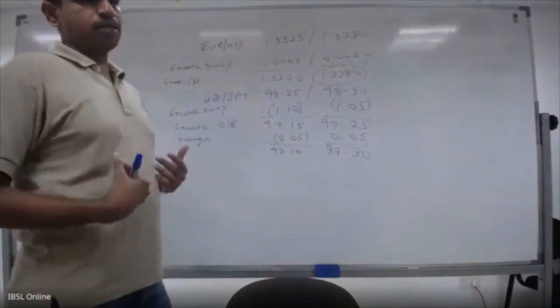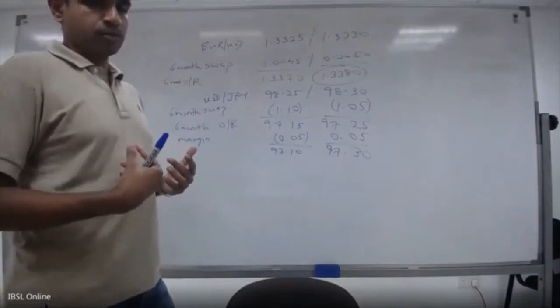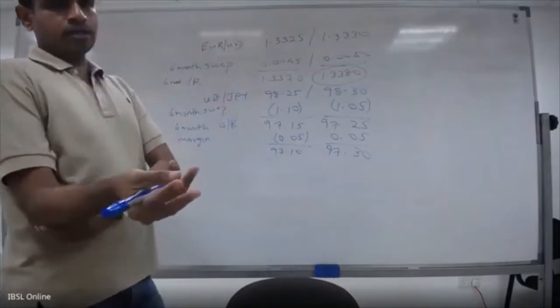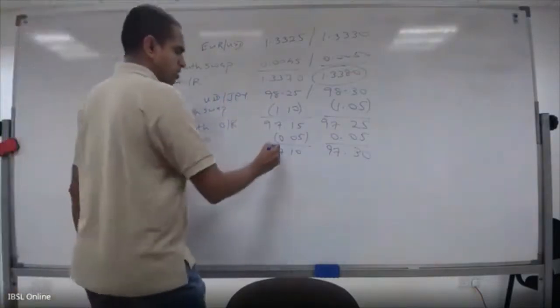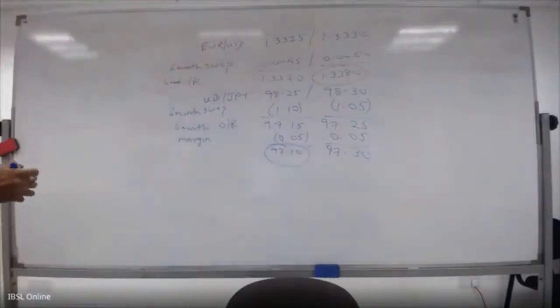If you are buying yen, the base currency is the dollar. If you are buying yen, you are selling the base. You have to sell the base at the bid. The answer should be 97.10. You'll be selling the base at the bid, 97.10.